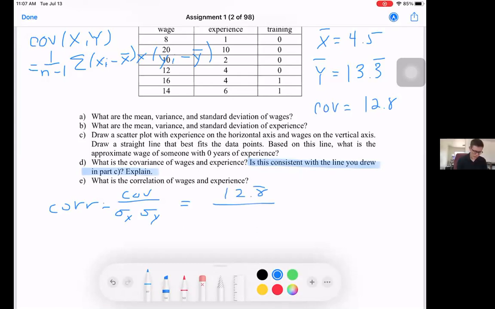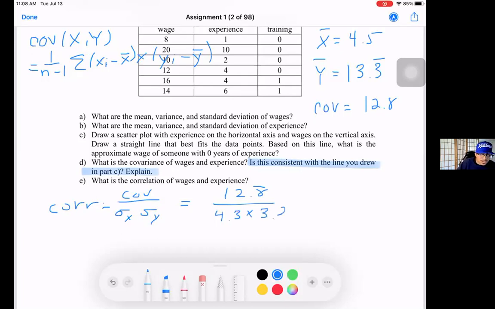And what was the standard deviation of X? 4.31. Perfect, 4.31 or 4.32 or something, times what was the standard deviation of Y? 3.2.